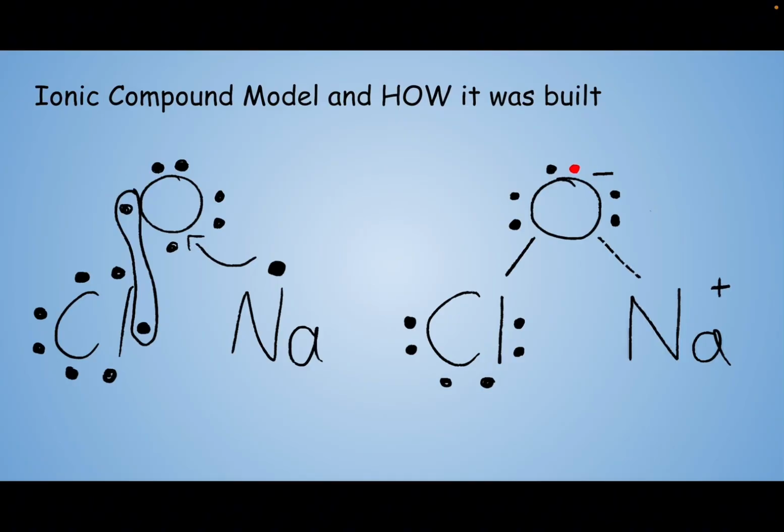And so they have the little symbols in the corner to show that oxygen gained 1, and then sodium gave away an electron. And then this little line between oxygen and chlorine is supposed to represent the pair those two now share, which is why they don't have all 4 pairs on there.